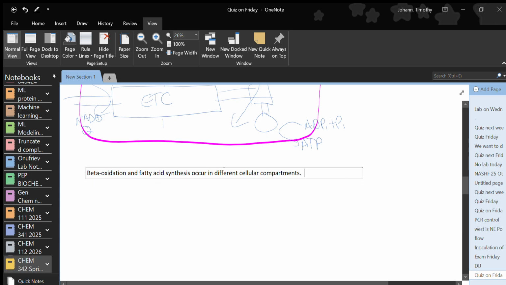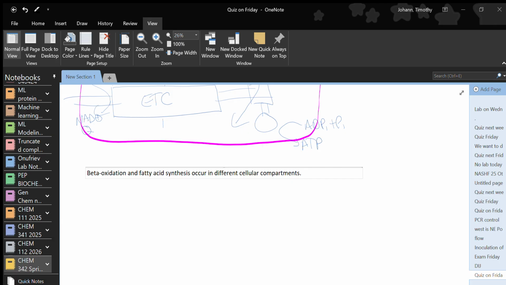Regulation can be achieved by denying a pathway of the reagents it needs. So one pathway can be regulated independent of the other by denying it the reagents.